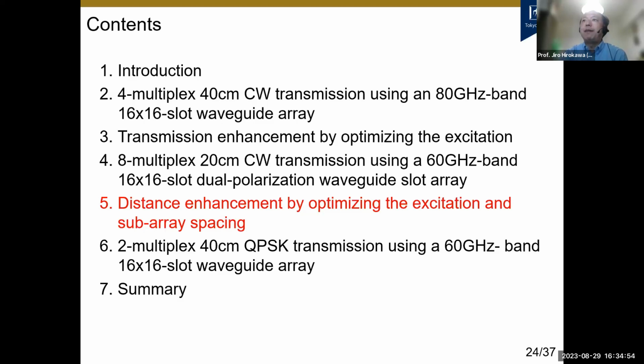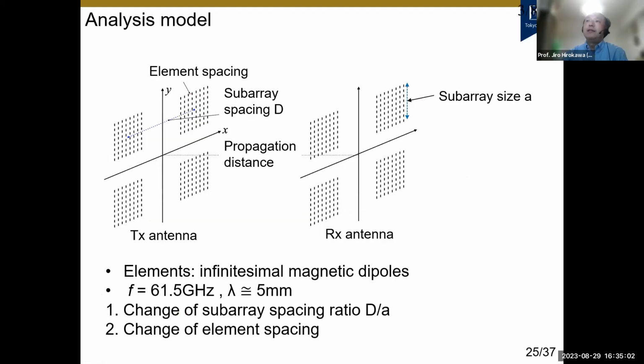Next, I talk about the distance dependence by optimized excitation and subarray spacing. Basically, this is a non-far field region communication, so the propagation distance depends on the antenna size. Of course, if we increase the size of the antenna, we can increase the propagation distance.